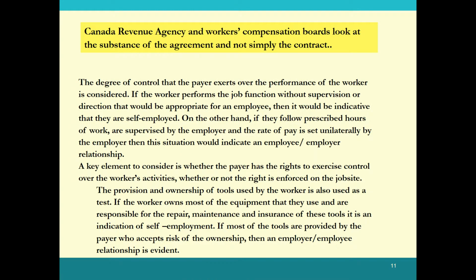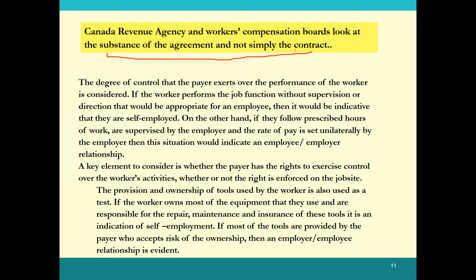Now, Canada Revenue Agency and Workers Compensation Board look at the substance of the agreements and not simply the contract. Sometimes maybe we say this person is self-employed, and later on Revenue Canada comes with its own explanation that no, this person is not self-employed, is an employee.